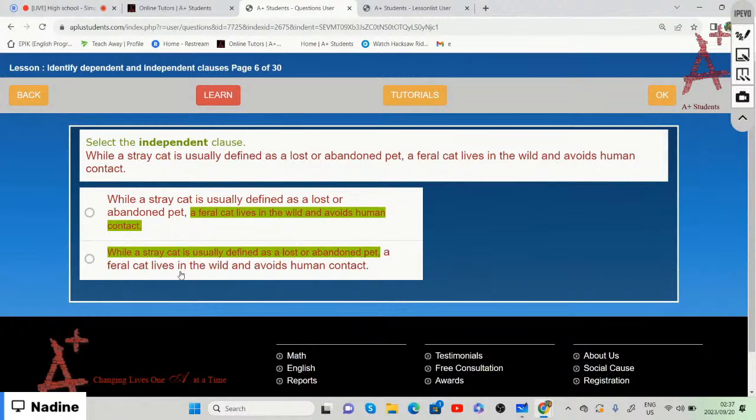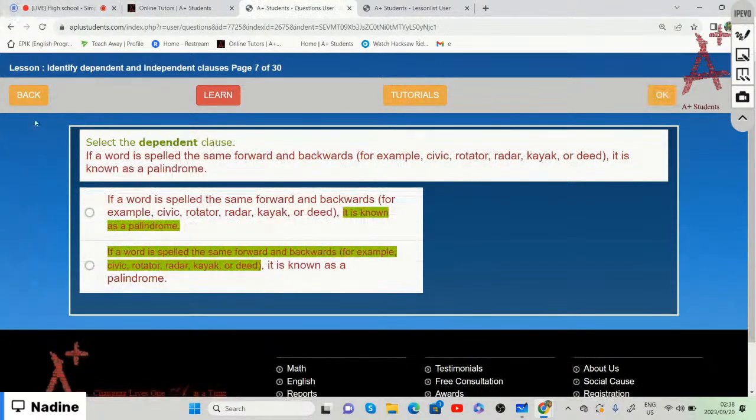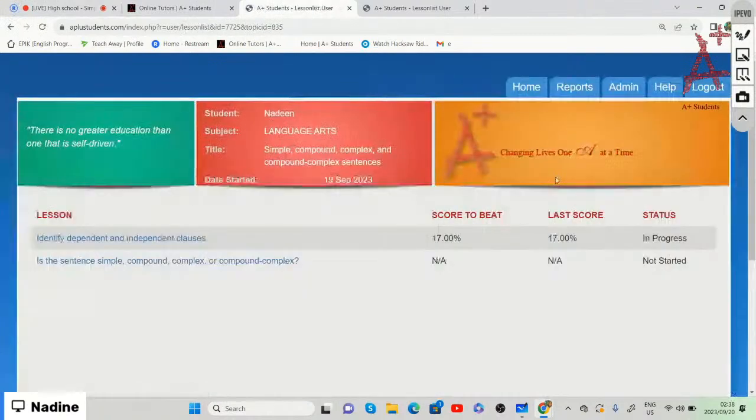So if we select the independent clause, we will choose option 1, and that is an independent clause that can stand on its own.